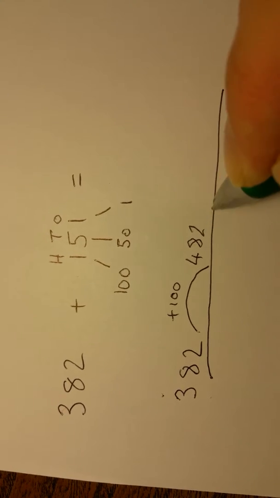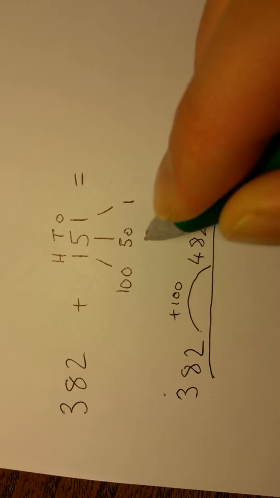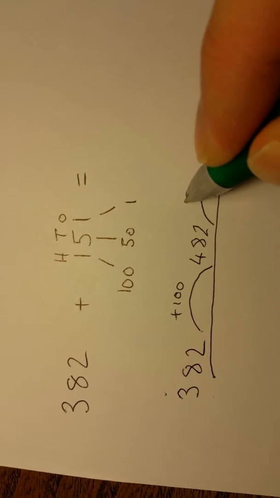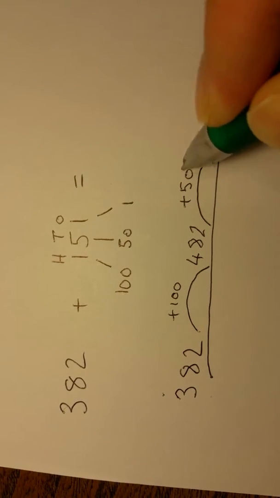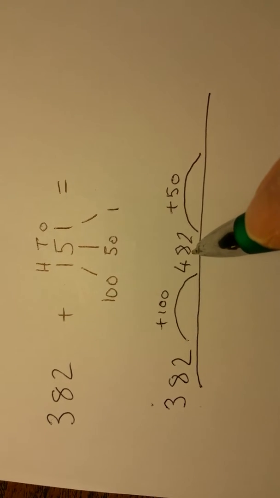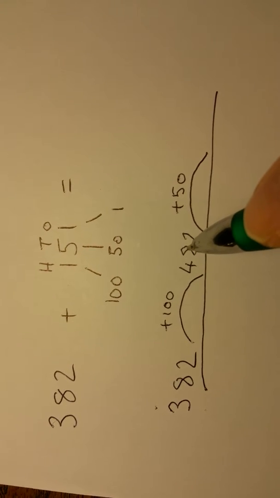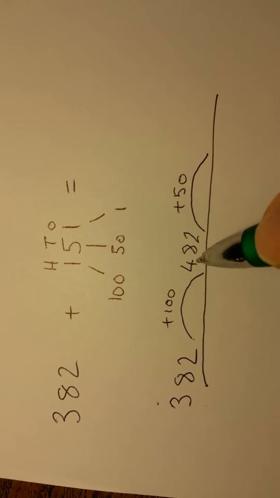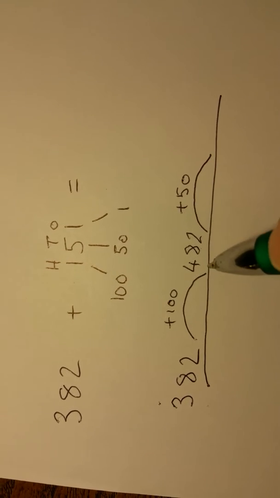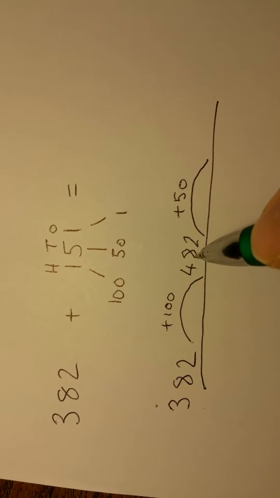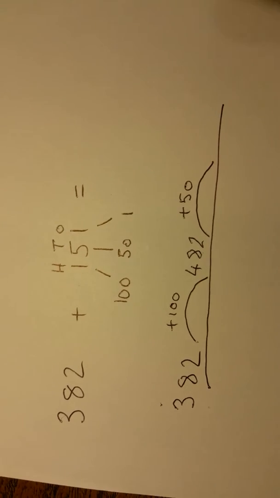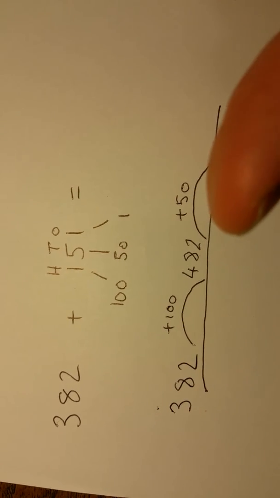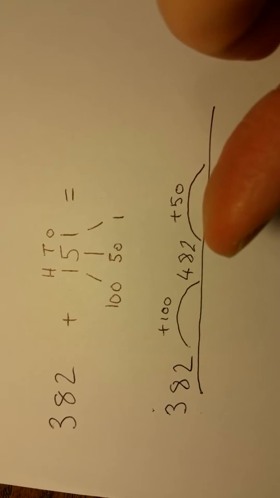482. Then we're going to add 50, so this is our next partition, 5 tens is 50, and it gets a bit trickier because something's going to happen here. I'm going to have to go into my hundreds. Let's count on, we can still count on in tens, 492, 400, and oh, it's tricky.